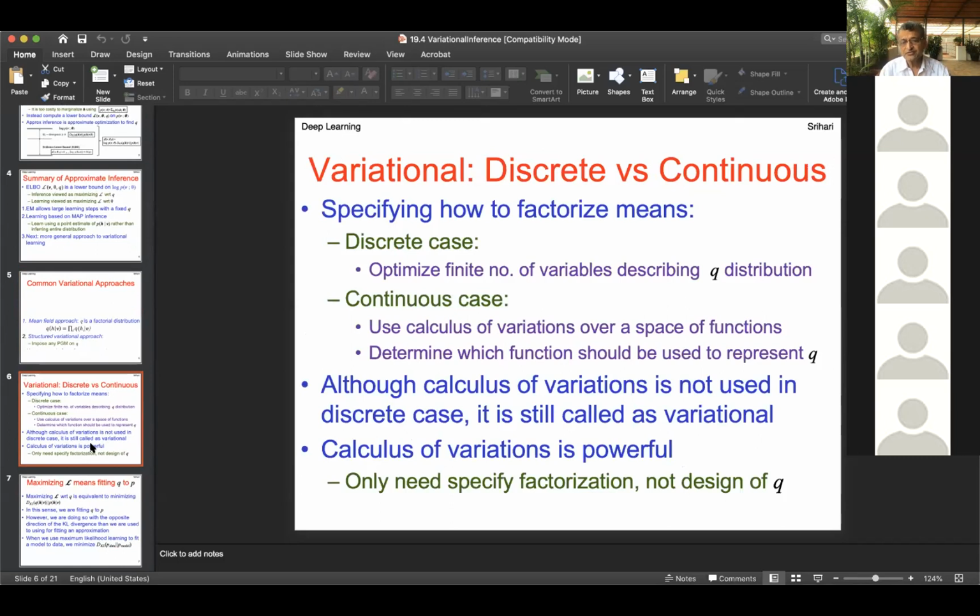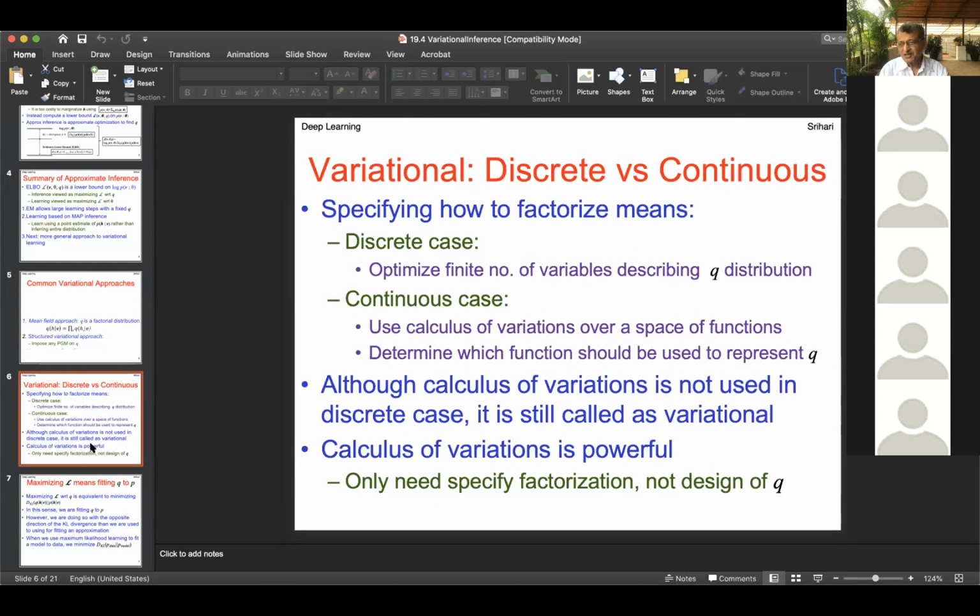In the continuous case, use calculus of variations over a space of functions, where we determine which function should be used to represent Q. So this brings in that you want that Q using calculus of variations. And why is that coming into play? This is saying Q is a function, and of all the possible functions you can have, find the best possible function.